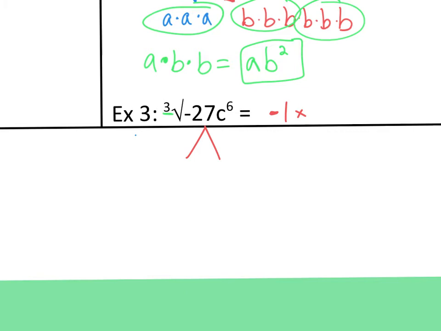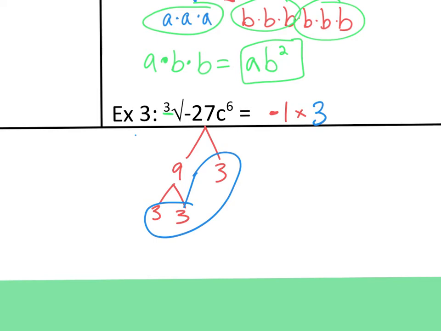What does 27 break down to? 9 and 3. Do any of those break down? Yeah. 3 and 3. How many people in my party? 3. And I have that, right? 3 of the same number. So this just becomes a 3. So we got negative 1 times 3.